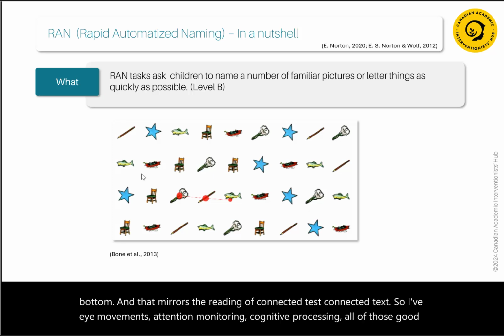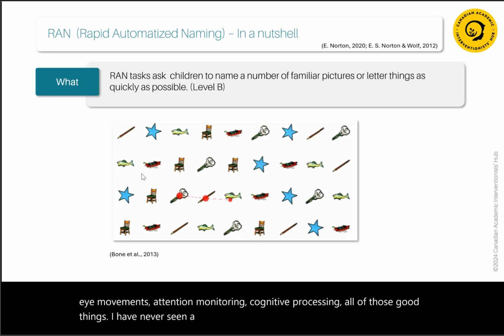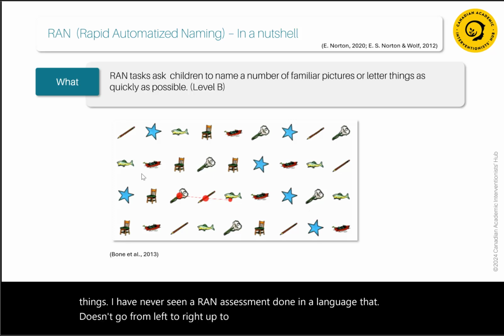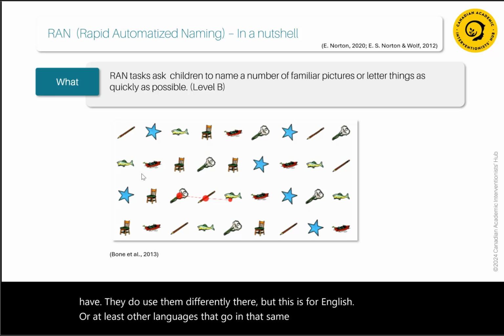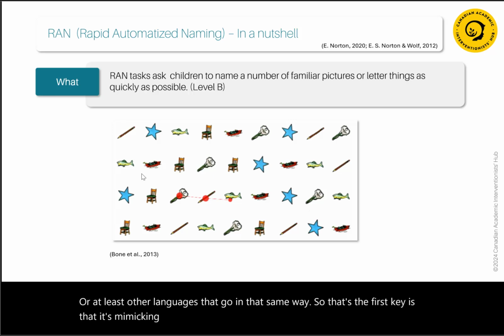I have never seen a RAN assessment done in a language that doesn't go from left to right, up to down, but I would imagine maybe that they do use them differently there. But this is for English, or at least other languages that go in that same way. So that's the first key, that it's mimicking that connected text experience.